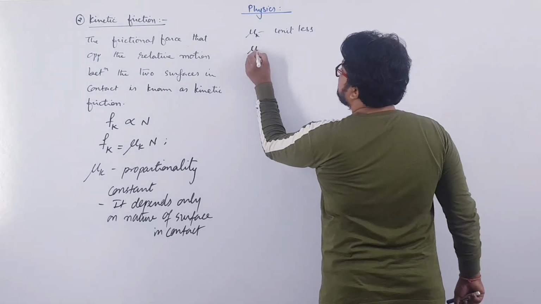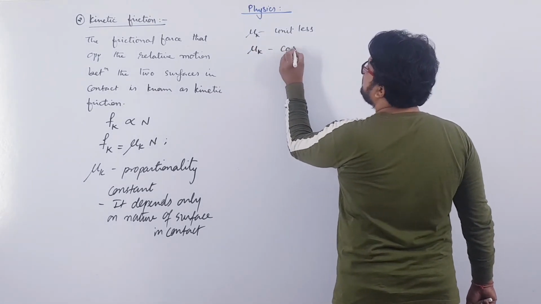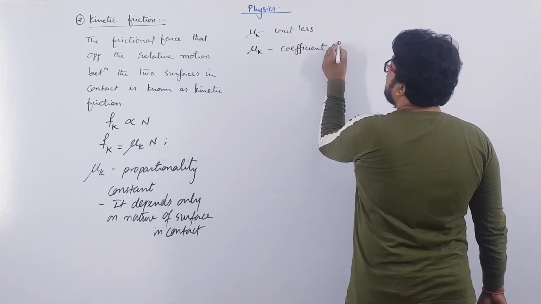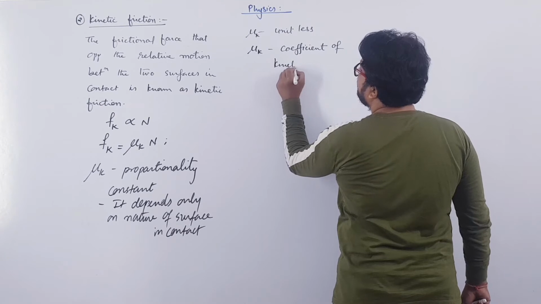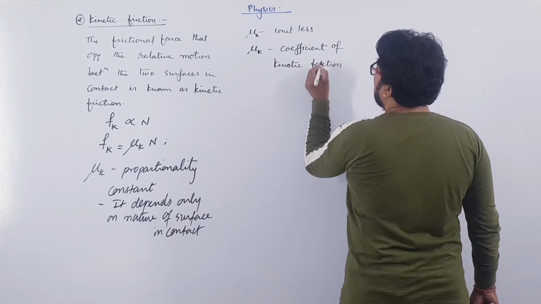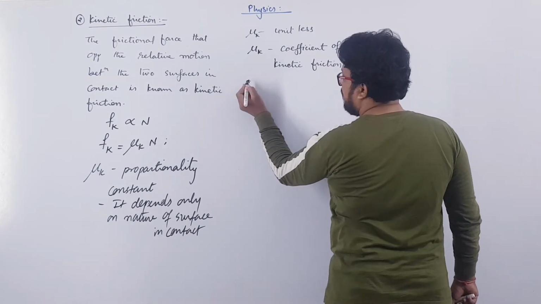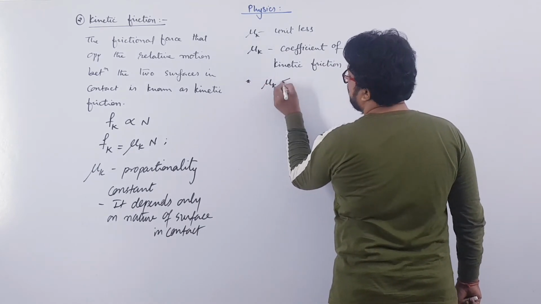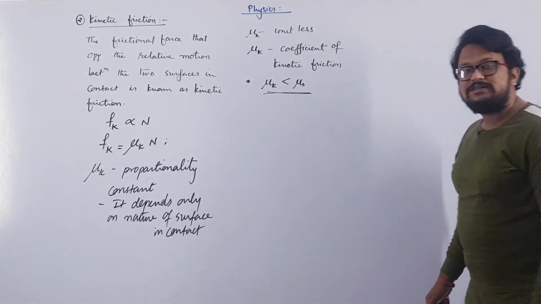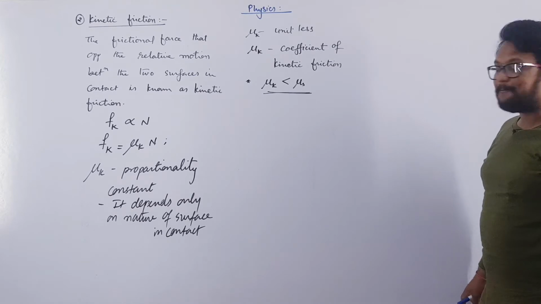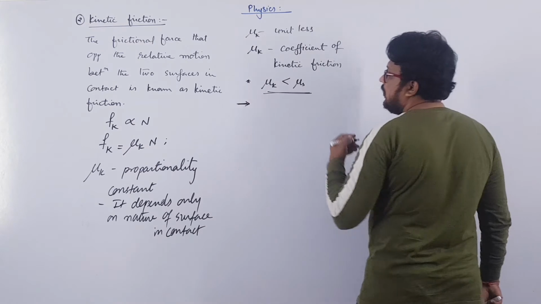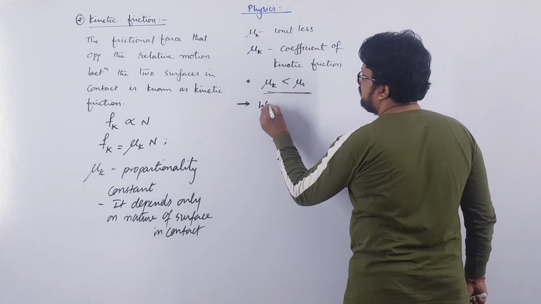Most important thing is mu K is known as the coefficient of kinetic friction. Most important point is here, that is mu K is always less than static friction. Clear? Now here, once the body is in motion, when the relative motion starts, right?